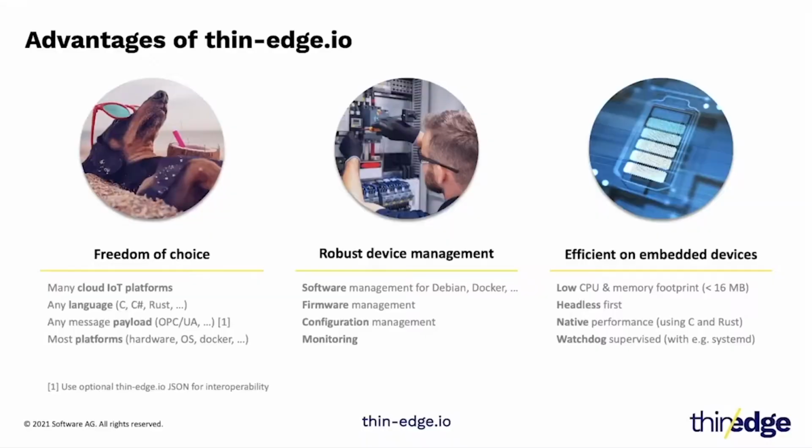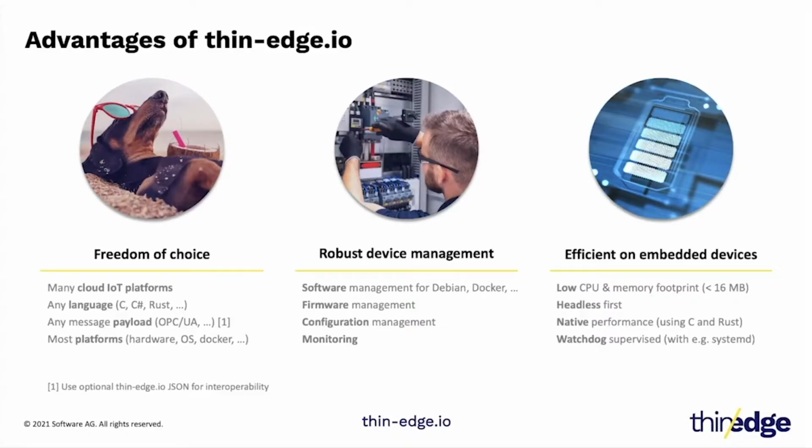The second argument is we are bringing cloud-agnostic device management capabilities. Things like software management, supporting different types of software artifacts like Debian, Docker, or Snaps, firmware management, but also configuration management or the resource monitoring of the device itself will be out-of-the-box capabilities that you can again use with any cloud platform.